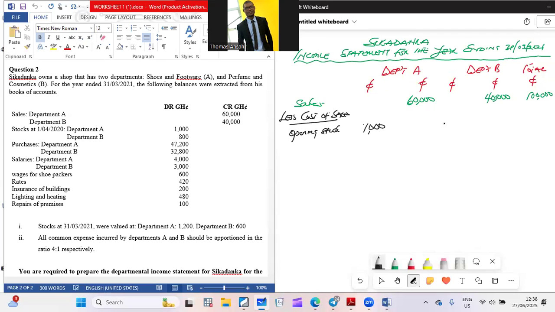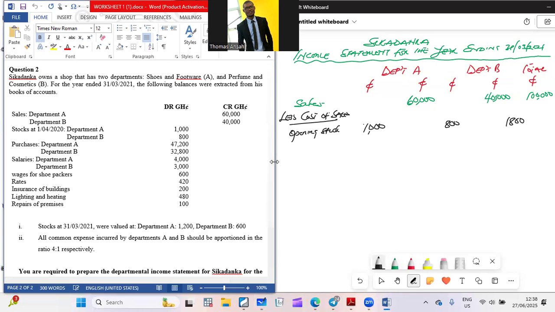Department B, 800. All right. So if you decide to make the total two lines, you write it like that. But the best is to do the cost of sales for the total. But you can decide to also say opening stock, then create a line here and put 1,800 for the total. It should be under the total.